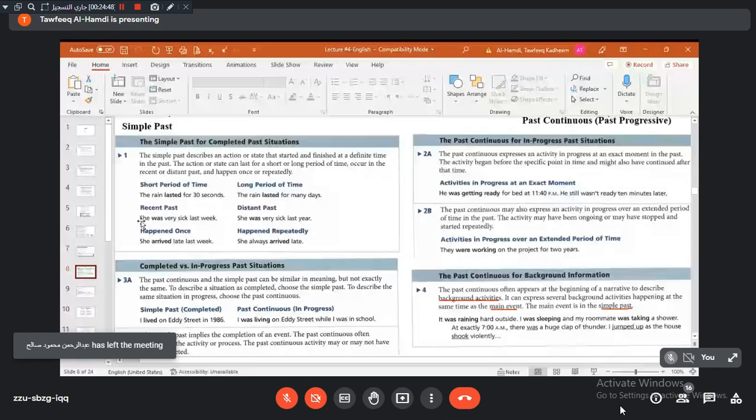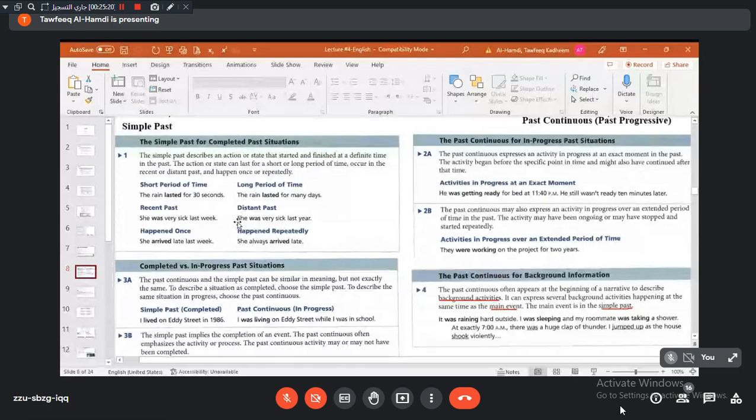In case I should talk about an action or state that took a long period of time, I can say, for example, the rain lasted for many days. When it comes to distant past, I can say, for example, she was very sick last year.